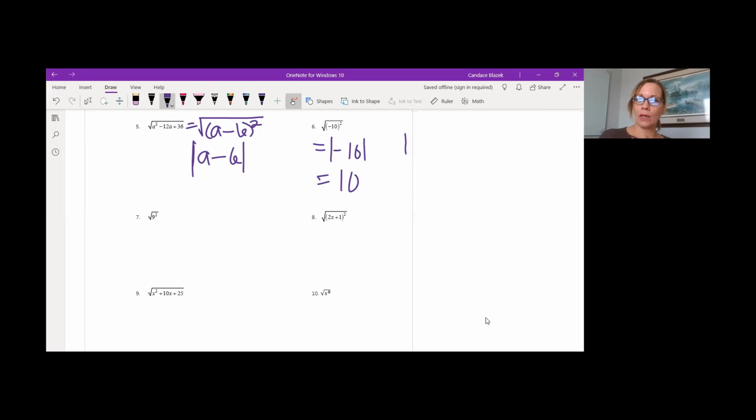So we drop the absolute value signs. For number 7, the square root of 9 squared is going to be 9. We don't even have to take the absolute value. We know it is going to be 9.